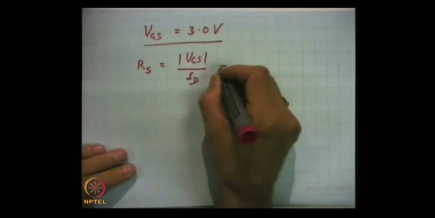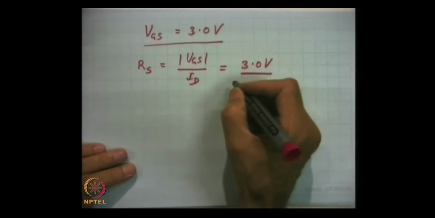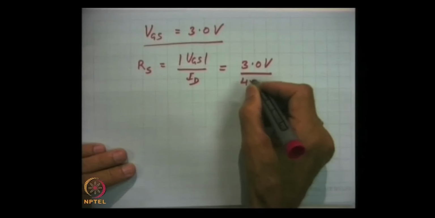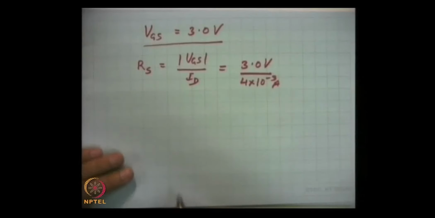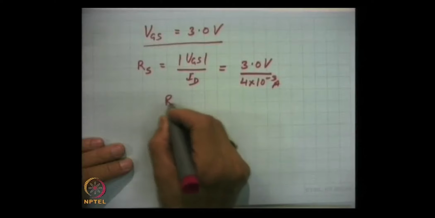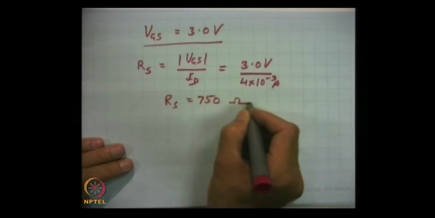So, this is 3 volts and ID is 4 milliamperes, that means 4 into 10 to the power minus 3 amperes. This gives RS equal to 750 ohms.